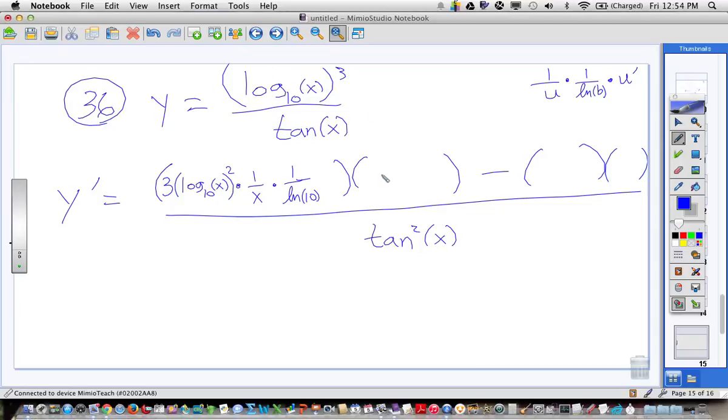So derivative of the top, we leave the bottom alone, minus the top left alone, times the derivative of the bottom. What's the derivative of tangent? Secant squared.